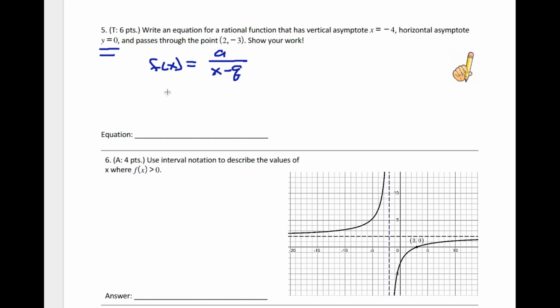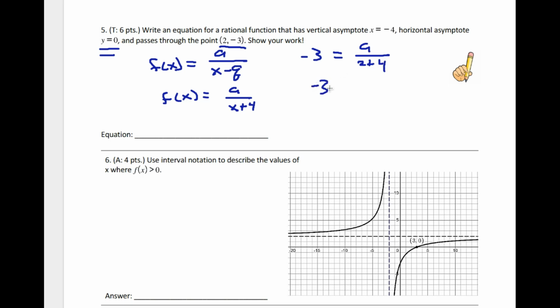So in this case, f of x is equal to a, I don't know what that is, over x minus a negative 4, which is x plus 4. Okay, so we have everything. We just need to figure out a, and that's where we're going to use this point. We're going to put negative 3 in for the function and 2 in for x. Oops. So that would be 2 plus 4 down here.